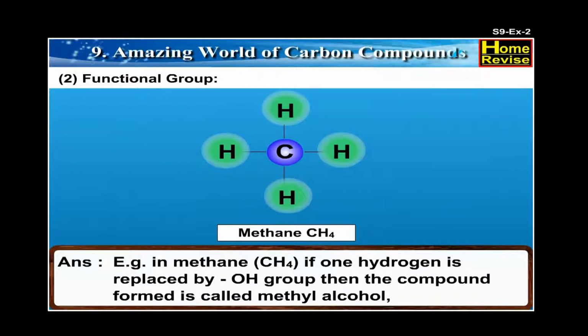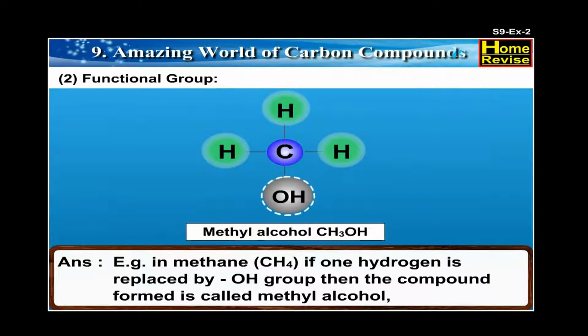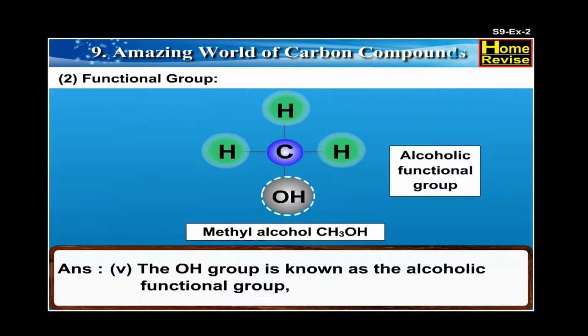Example, in methane, that is CH4, if one hydrogen is replaced by OH group, then the compound formed is called methyl alcohol, that is CH3OH. Fifth, the OH group is known as the alcoholic functional group.